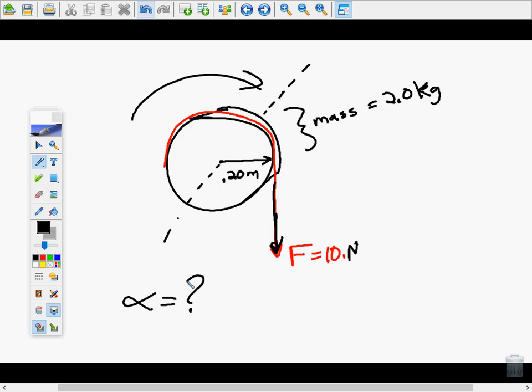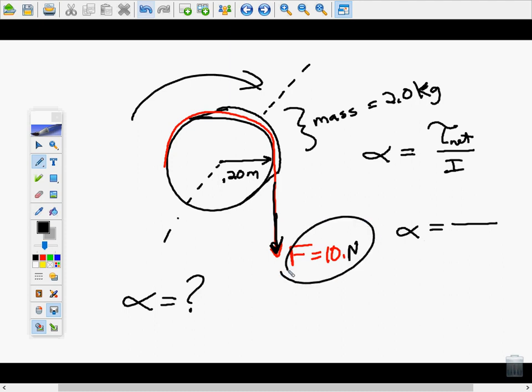So we know that angular acceleration depends on two things: the net torque and the moment of inertia. In this particular problem, the net torque is provided by this 10 Newton force. But remember, net torque can be calculated with the whole force times the perpendicular distance. In this case, it's going to be 10 newtons times the whole 0.20 meters.